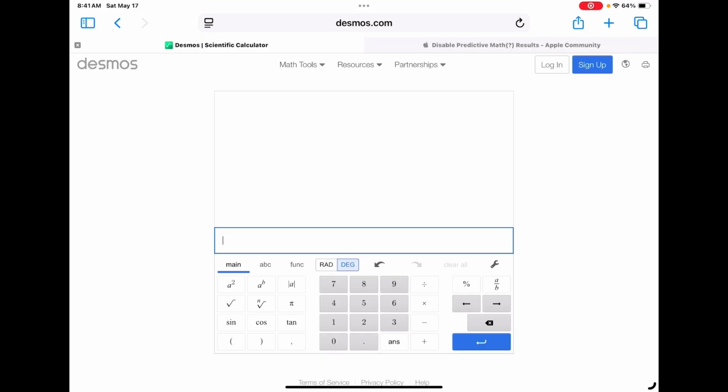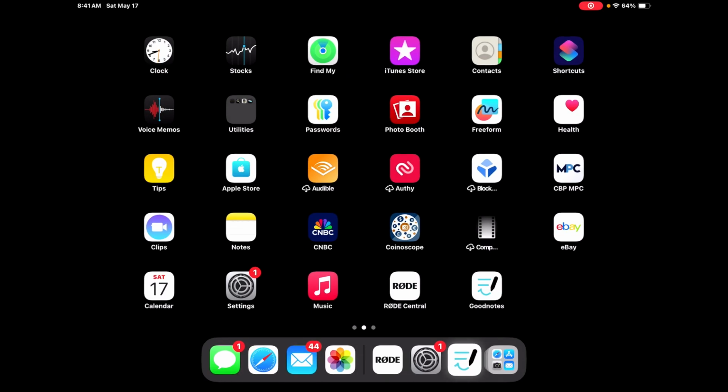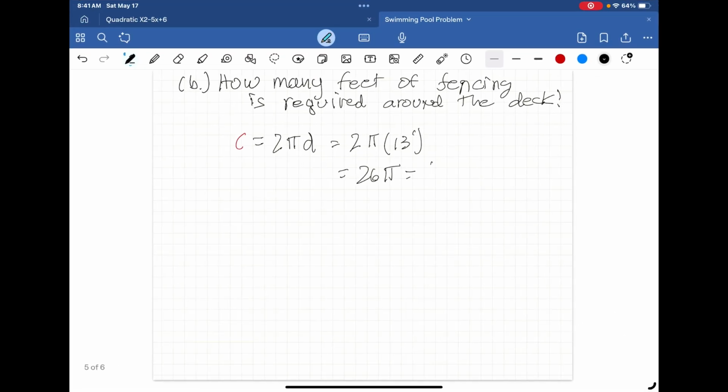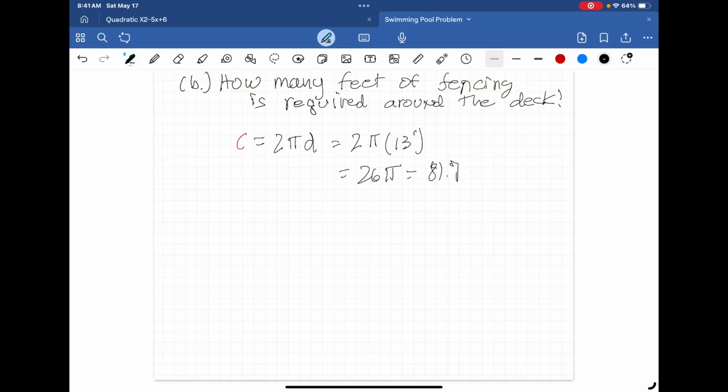So we've got 26 times pi, 81.7. That's going to be linear feet. So that's how many feet of fencing we need to purchase, roughly 82 feet at least, to go around the outside of the pool to keep it safe.